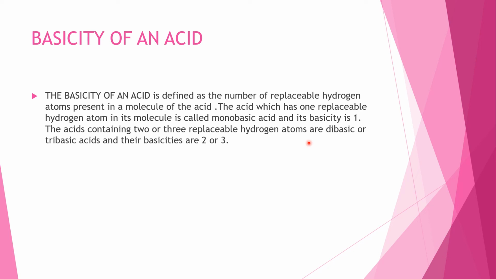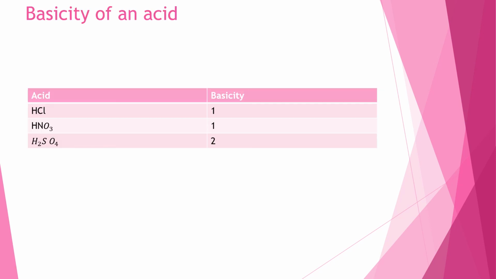H2SO4 is dibasic because it has 2 replaceable hydrogen atoms, so its basicity is 2. H3PO4 has 3 replaceable hydrogen atoms, so its basicity is 3. Let's see some examples in the next slide.